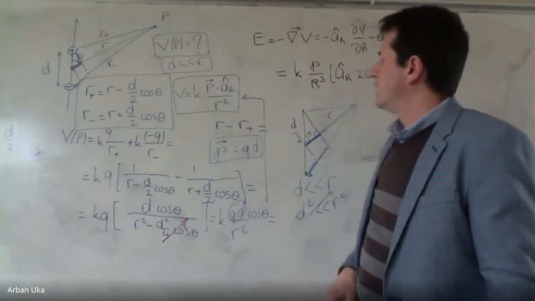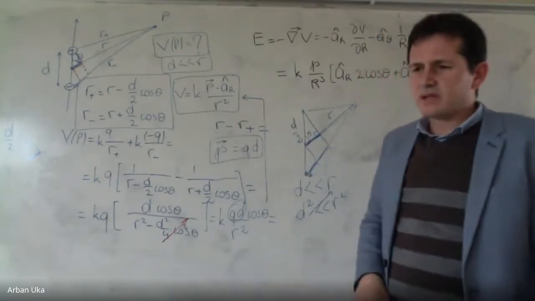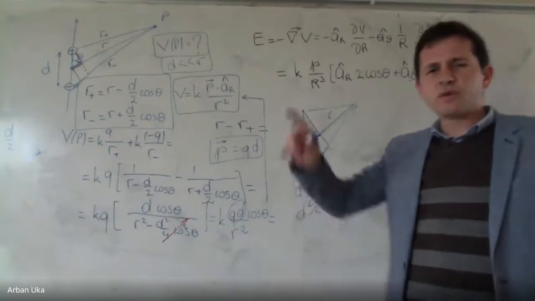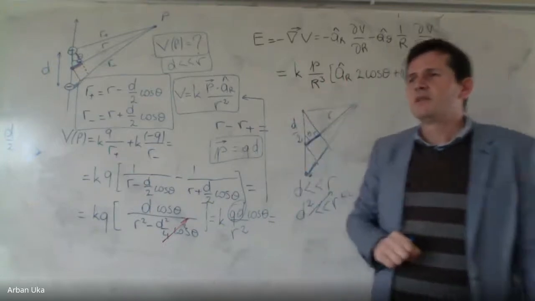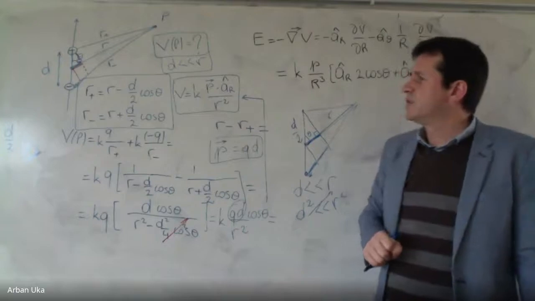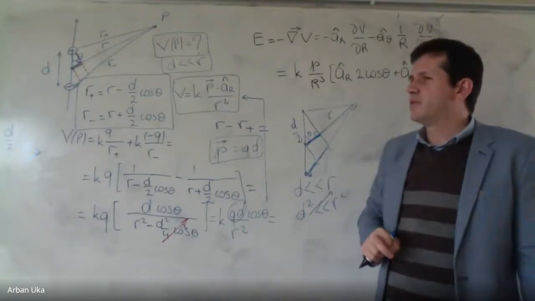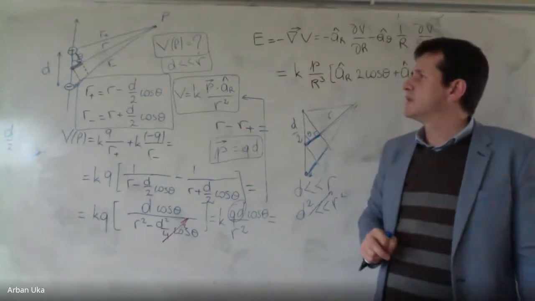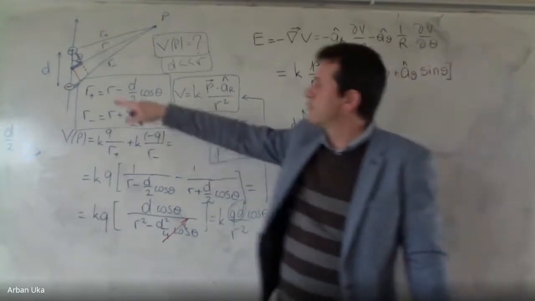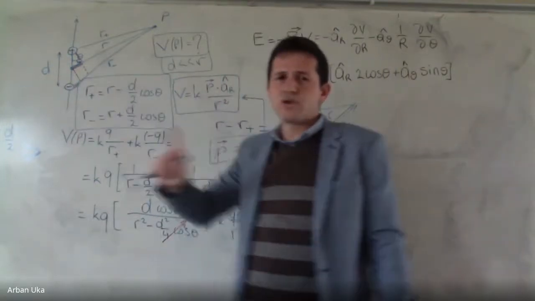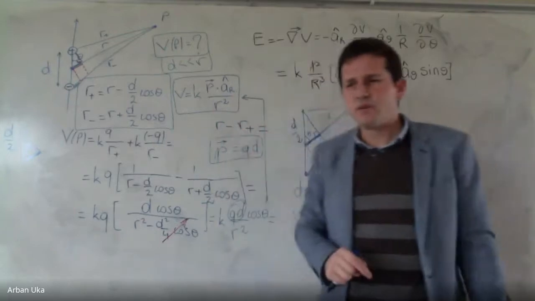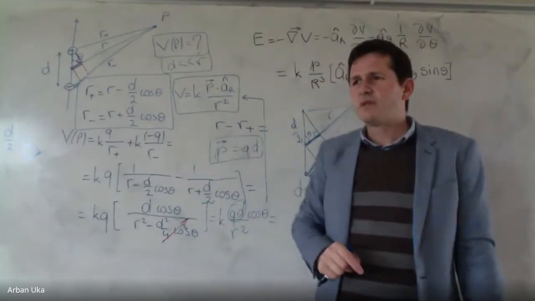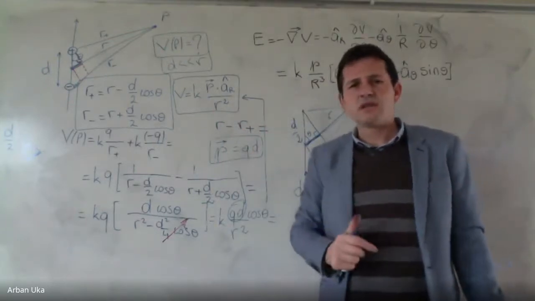Now this a_r, we write in the spherical coordinate system because we want to find the potential at any point with respect to the dipole. Let's think for a moment. If this dipole was huge and we were looking around it, we might have considered the cylindrical coordinate system.